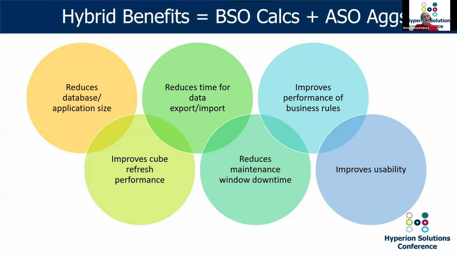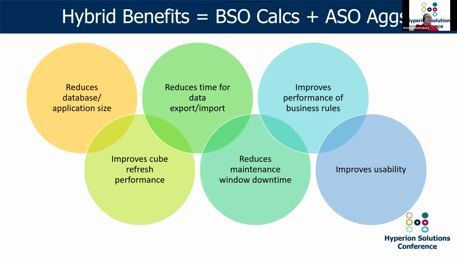Reduces the time for data export and import, especially if you're doing level 0. It can actually increase the time if you're trying to export upper level blocks because you actually have to calculate them. But if I'm doing a level 0 export, it's much quicker. Because of all of this speed, I'm going to reduce my maintenance window because I don't have to do the aggregations.